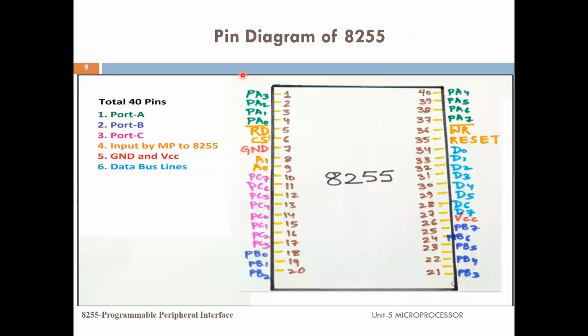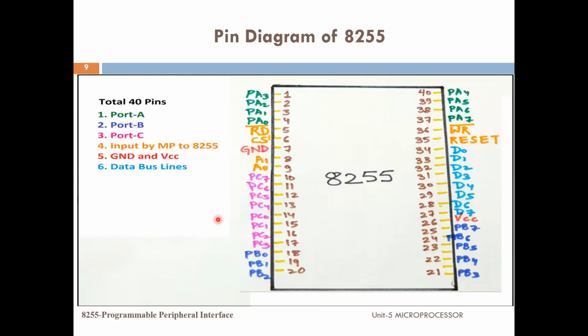Let's have a look at the pin diagram of the 8255. The total number of pins in the 8255 is 40. For port A, PA0 to PA3 are connected to pin numbers 4 to 1, and the remaining lines of port A are connected at pin number 40 to pin number 37.